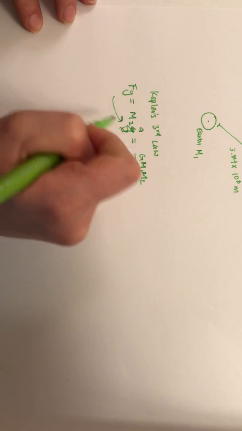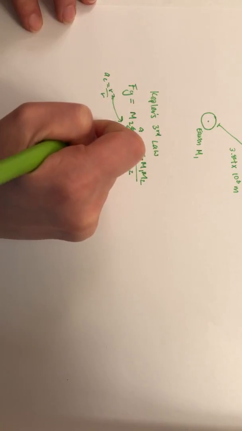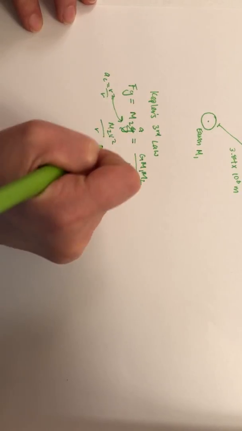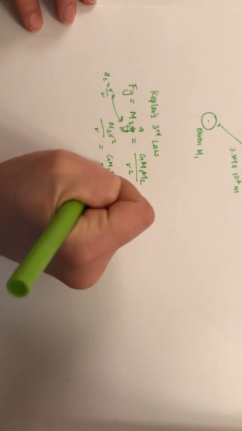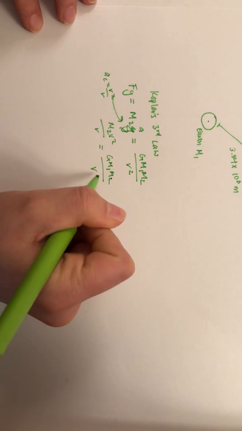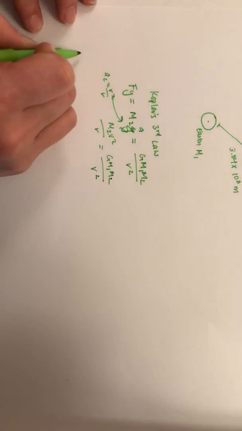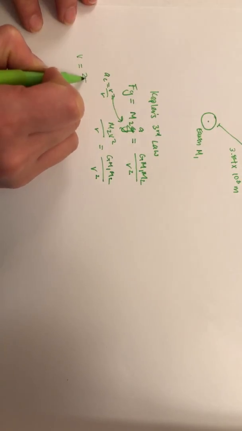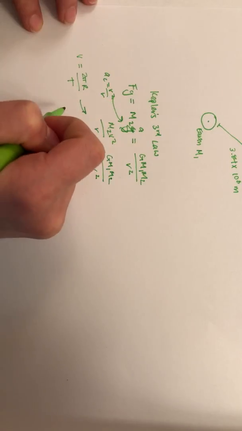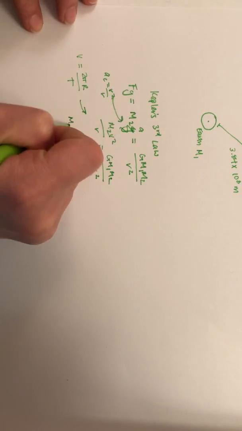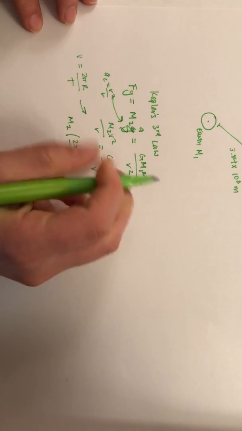And here we can substitute centripetal acceleration, which is v squared over r, equal to G m1 m2 over r squared. Here we can substitute that v is equal to 2 pi r over T, and get m2 (2 pi r over T) squared.